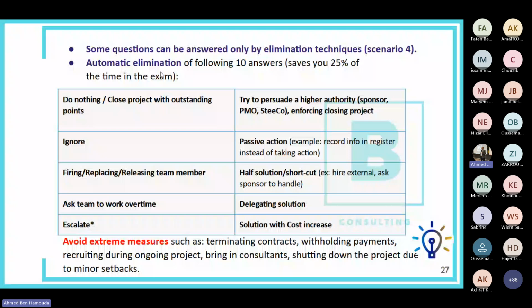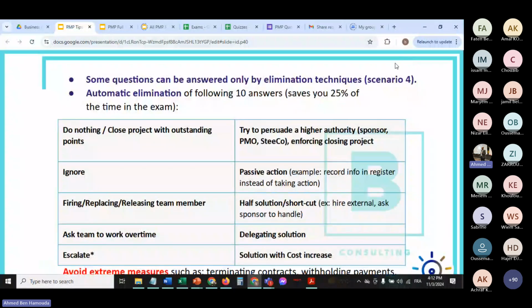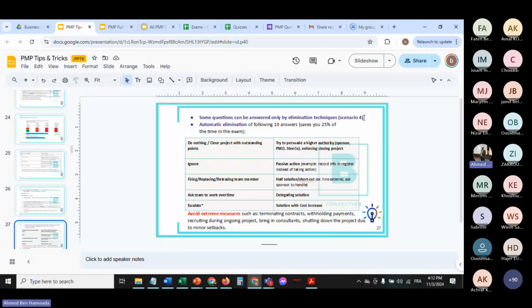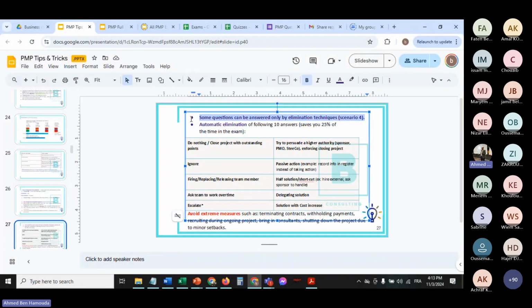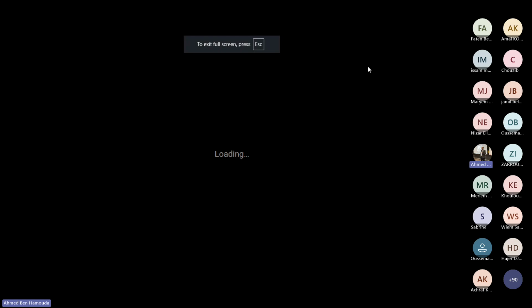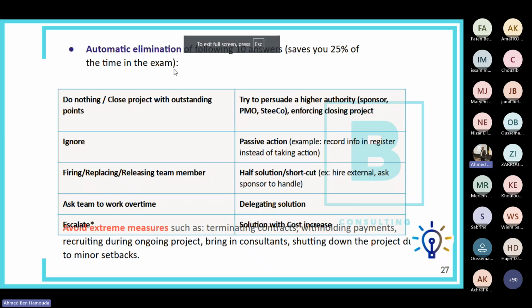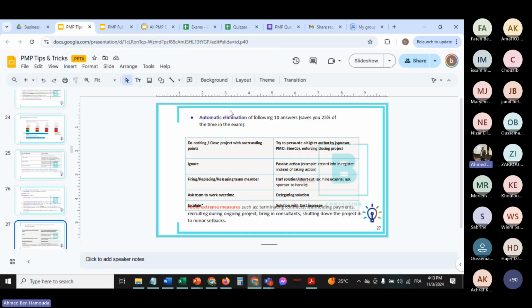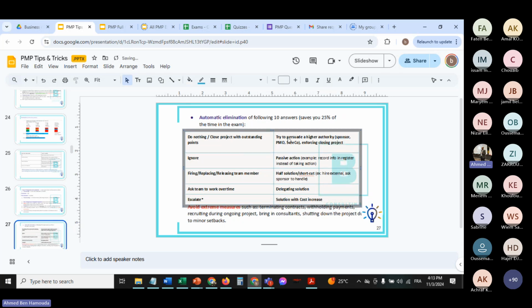Okay, all right. So we mentioned that some questions can be answered only by elimination techniques. See scenario 4. We mentioned already scenario 4, so I don't need to keep this. So I'm removing this. All right. Now let's look at some of the automatic elimination. Let me just move this up.